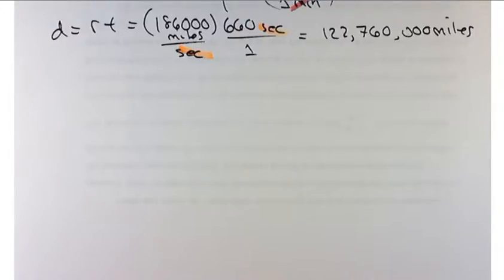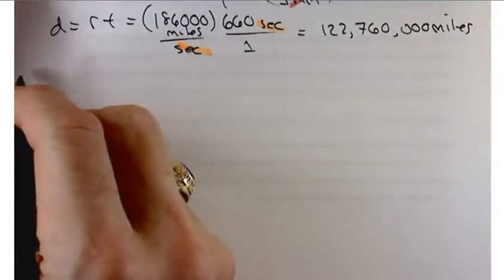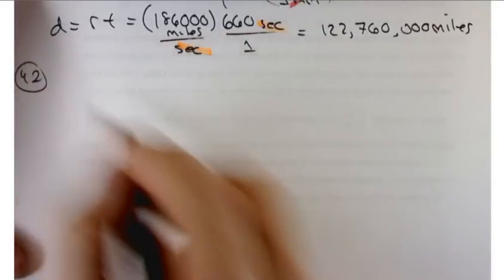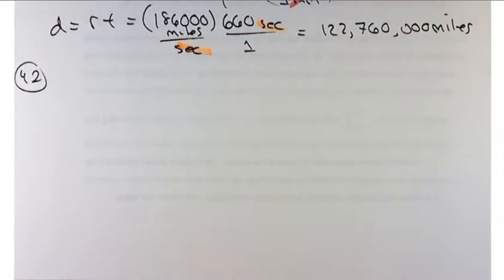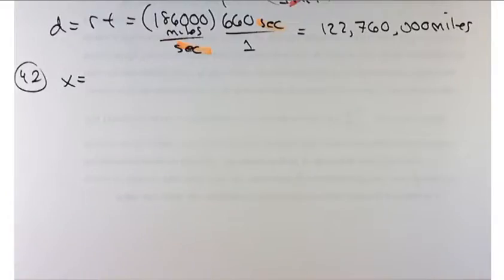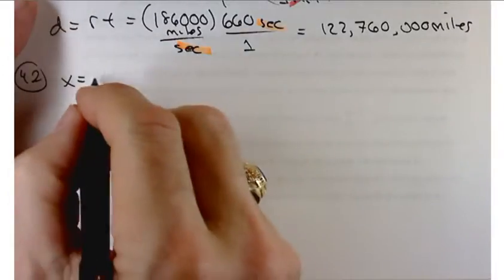We're going to be talking about a plane, flying into and flying with the jet stream. So I'm going to suggest a couple variables. Let's do x is the rate of the plane in still air.